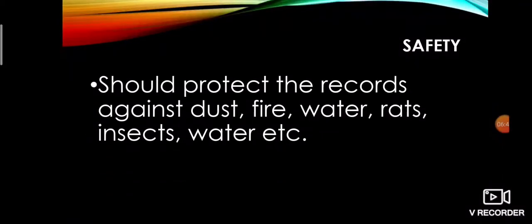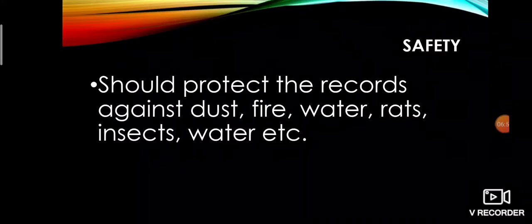Panglima, safety. The index system should protect the records against dust, fire, water, rats, insects, etc. Sorry, naulit ang water, but it should be protected because files are the cornerstones of an office. Pag nawala ang files, kahit sabihin natin isang file lang or kinain ng daga or an insect, and it's very important na kailangan ng office yan.